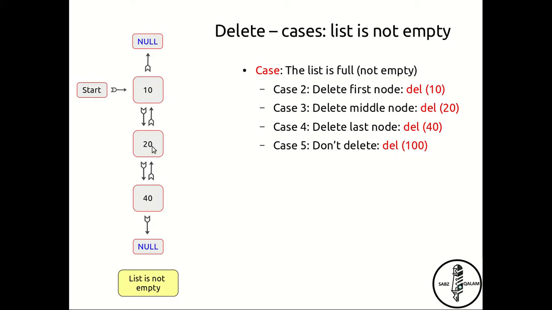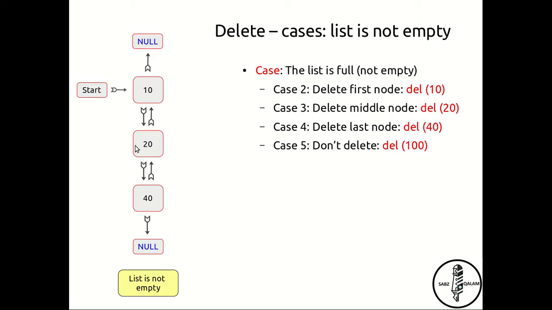Or you could delete the last node, in which case you're trying to delete 40. Now, 40 is the last node because, obviously, there is this null that comes after it. And the fourth option is you're trying to delete something that's not there. So you're trying to delete 100, and you can see here, well, it's not even part of the list. So what do you do then?